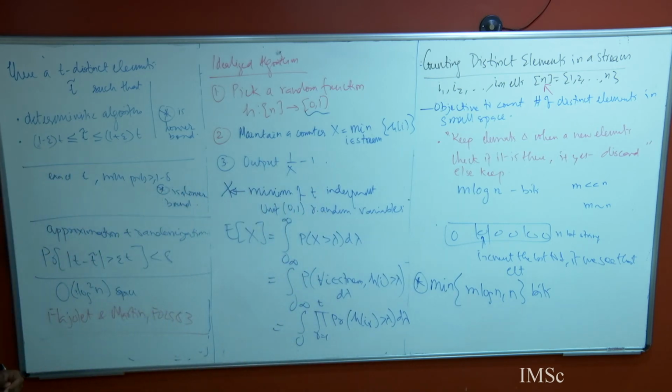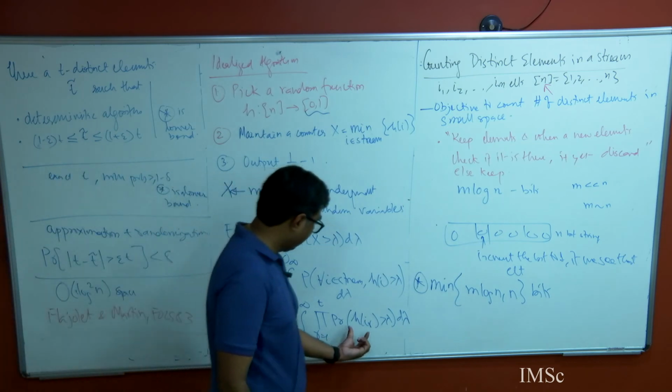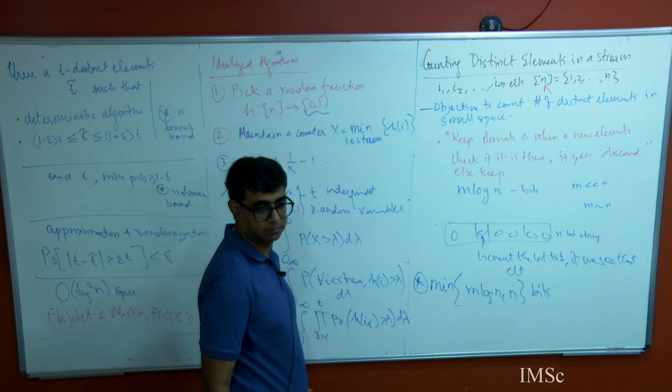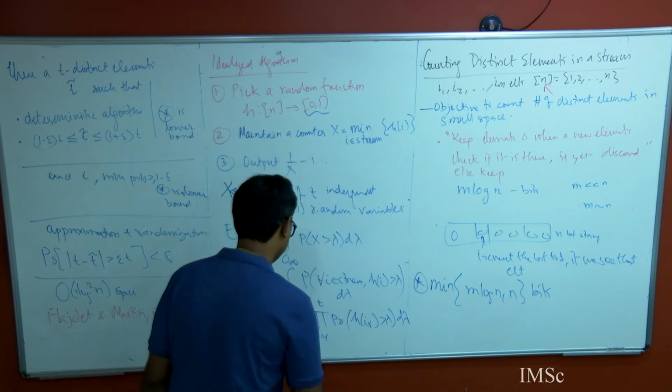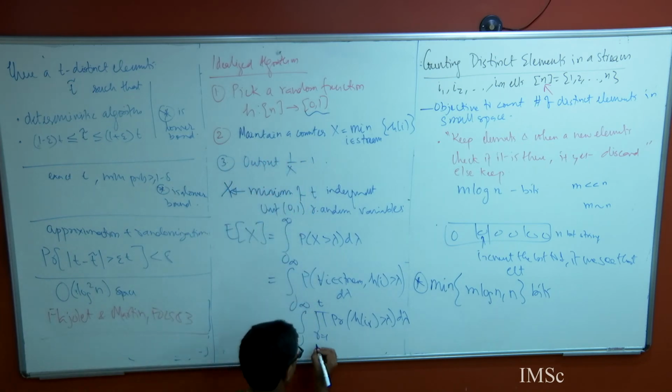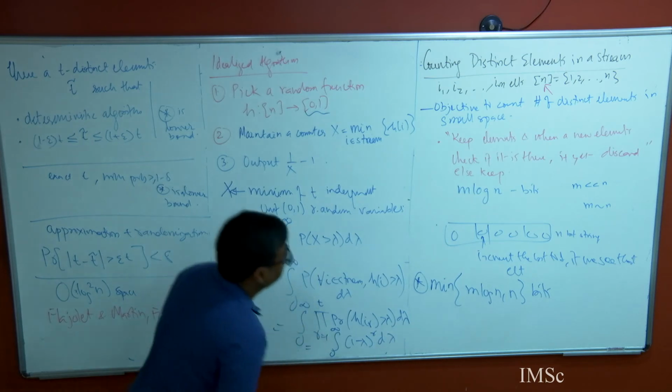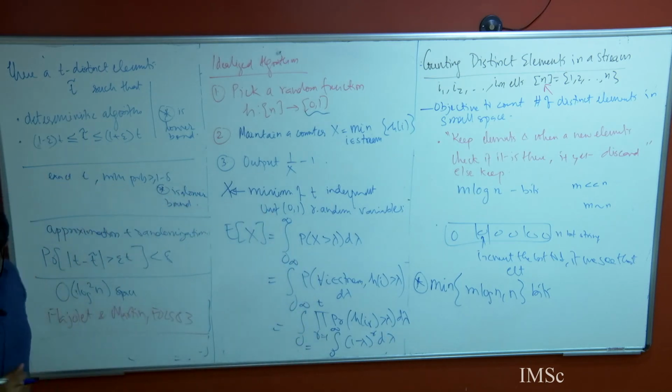And what is the probability that h_i_r is greater than lambda? It is 1 minus lambda. Okay?